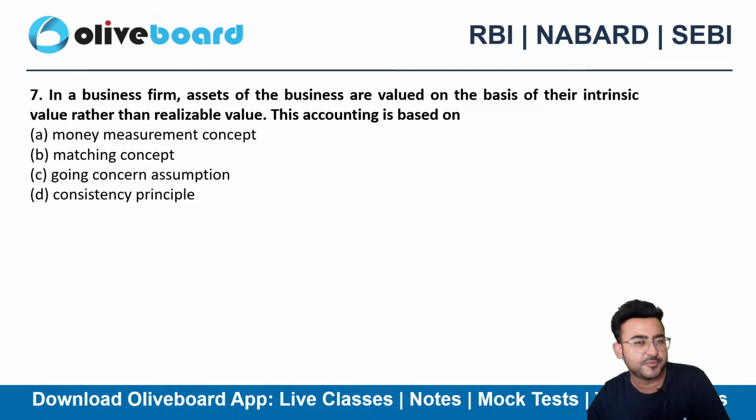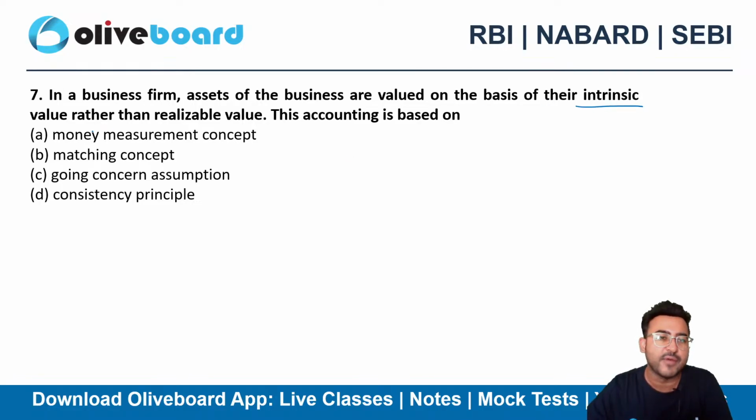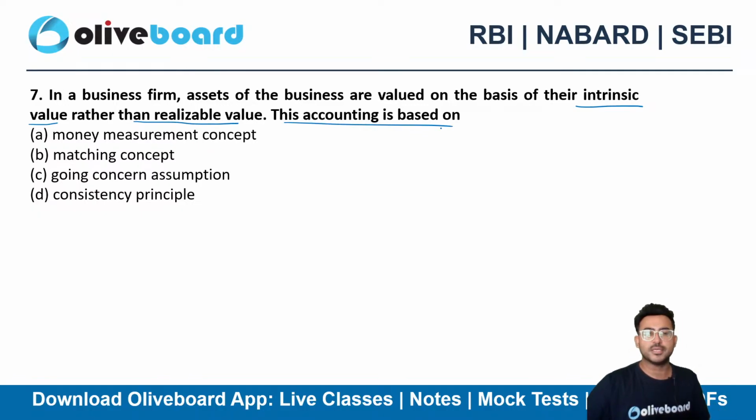Next is, in a business firm, assets of the business are valued on the basis of their intrinsic value rather than realizable value. This accounting is based on which concept?